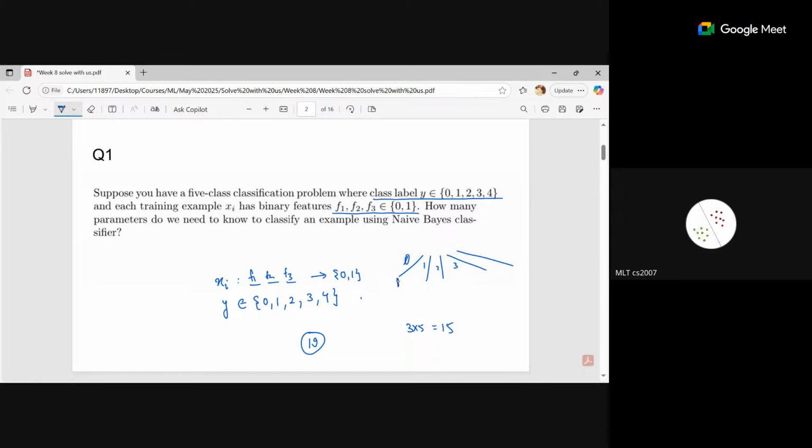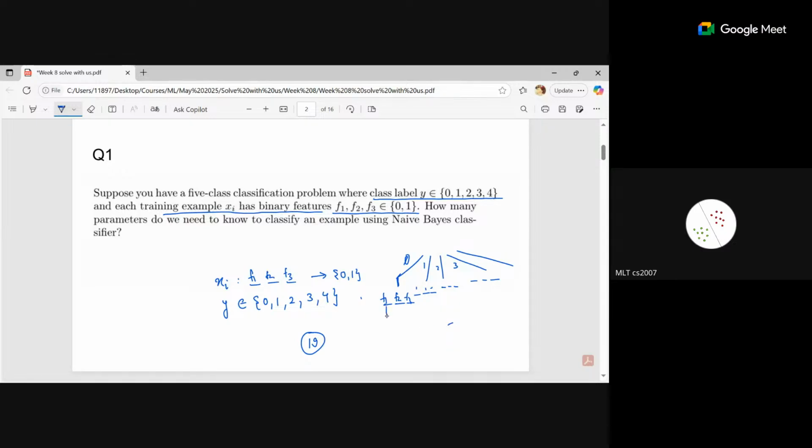If I look at class 0, for every class you have three features, right? Every training example has binary features F1, F2, F3. So this is my F1, this is my F2, this is my F3, F1, F2, F3, F1, F2, F3, right? For all of this, I need one parameter that I have to estimate. And what are those?